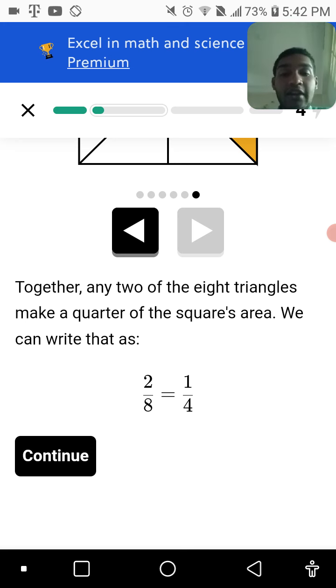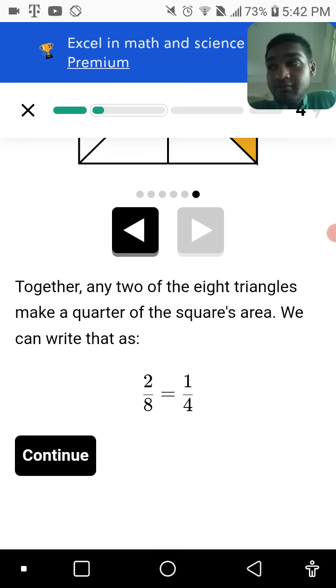Any two of the 8 rectangles make a quarter of the square's area. I am thinking what the quarter specifically means, but I don't know. I have to look it up later. We can write that as 2 by 8 is equal to 1 by 4.